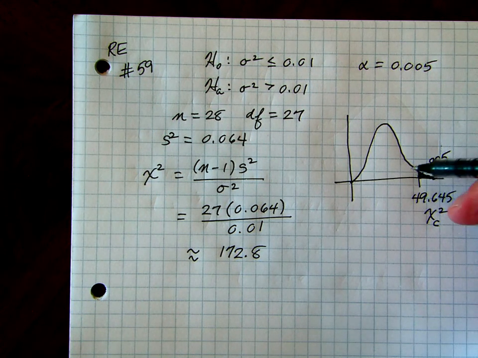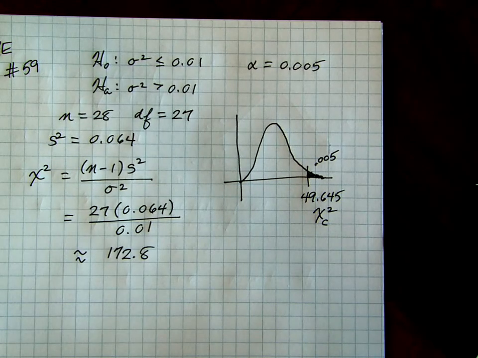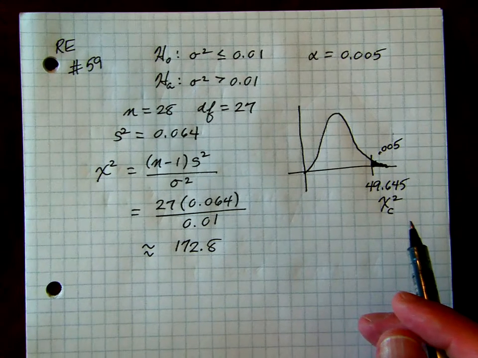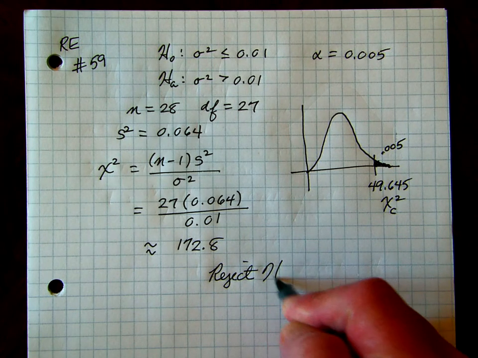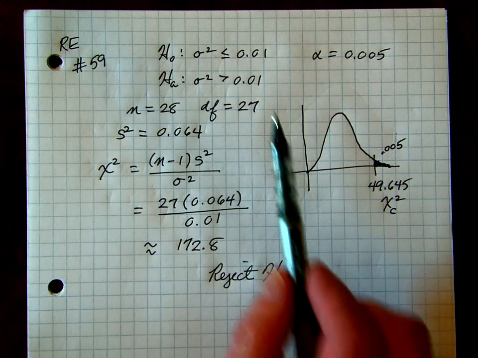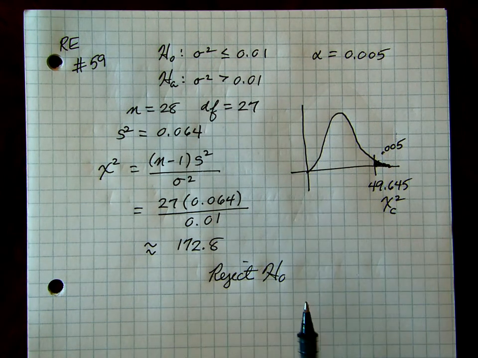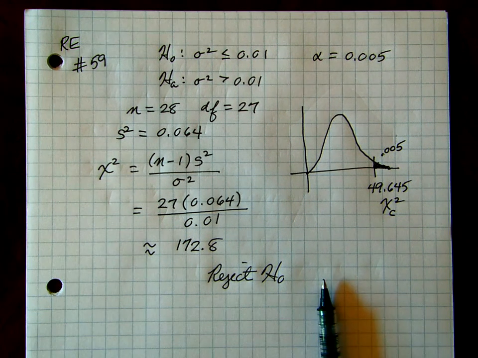So right here is where we have our breakpoint, and our chi-square result, our statistic, is way off the side. So what do we do? We have to reject the null hypothesis. Again, there's not enough in our statistic to support that, and so it appears likely that the variance exceeds the stated amount of 0.01. And now we have two more examples of hypothesis testing to consider.